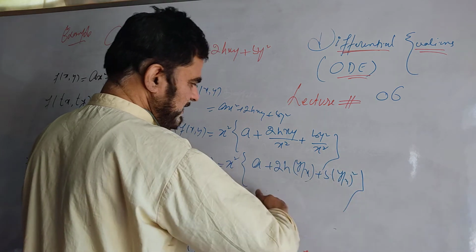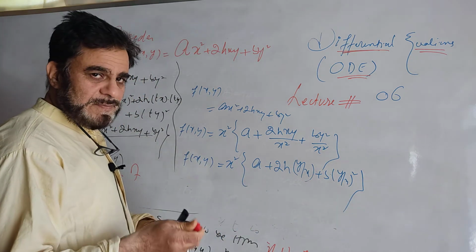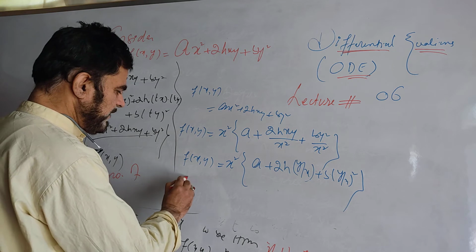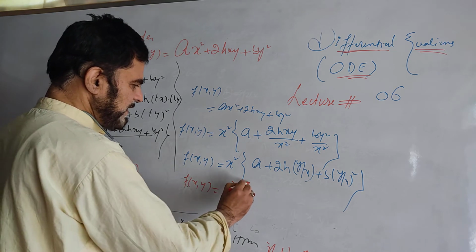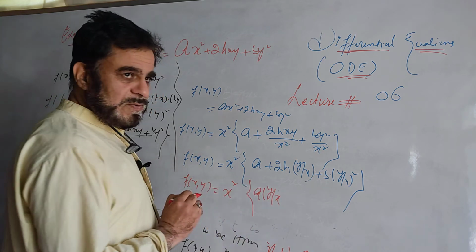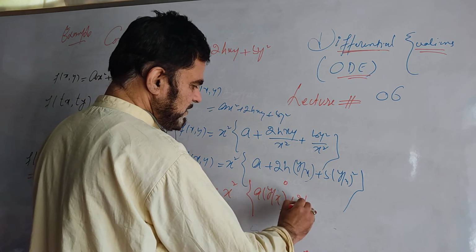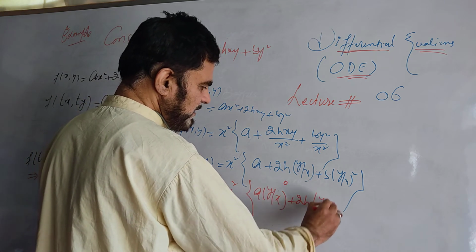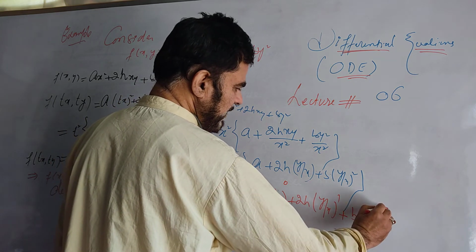That means every term of the function can be written in the form of y by x: a times y by x to the power 0, plus 2h y by x to the power 1, plus b y by x square.